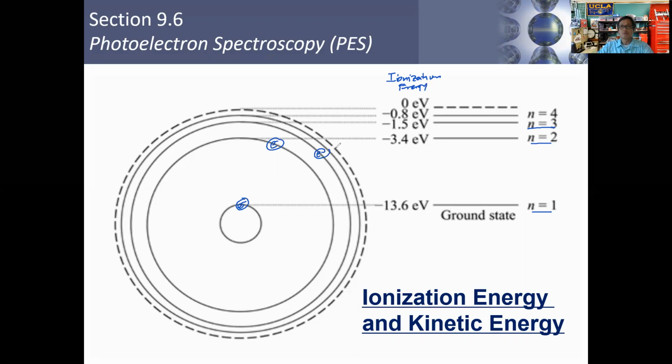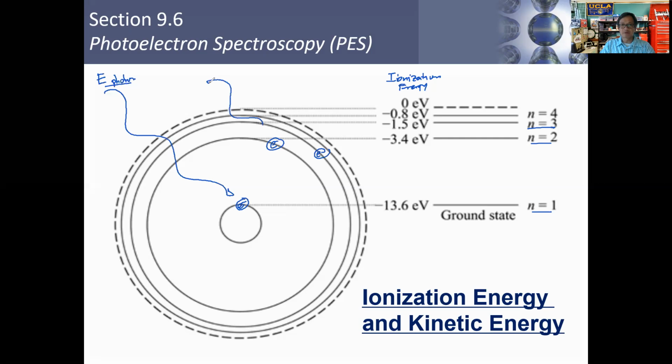So with that said, if you hit each one of these electrons with a photon of a certain energy, let's say this blue light as an example.